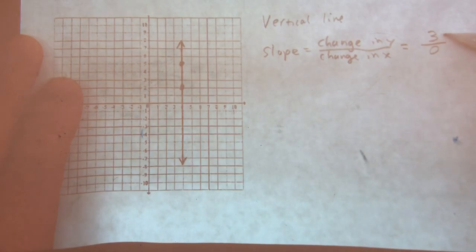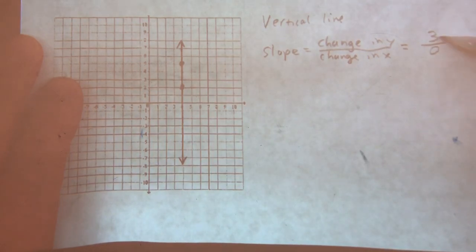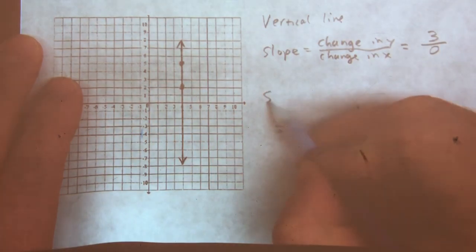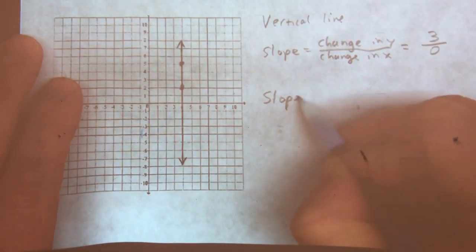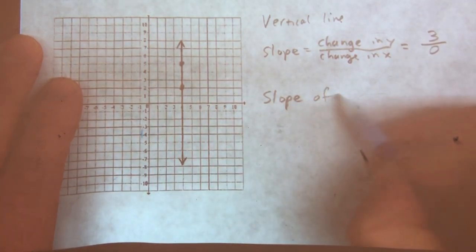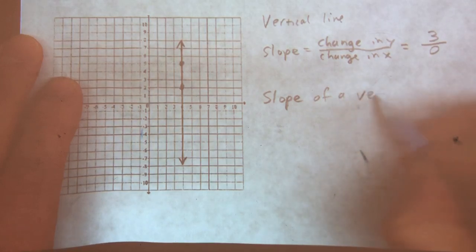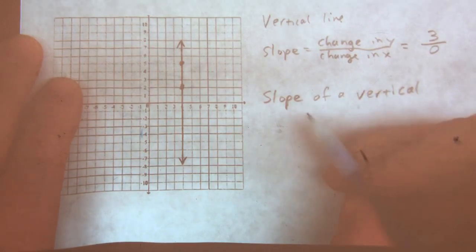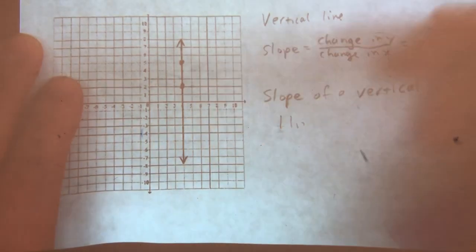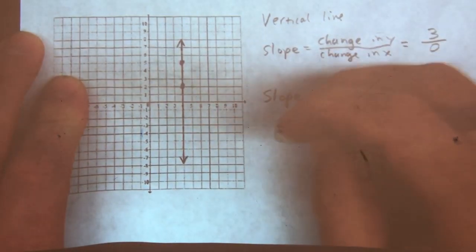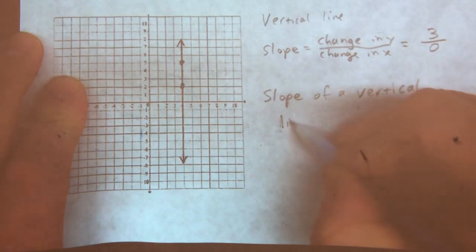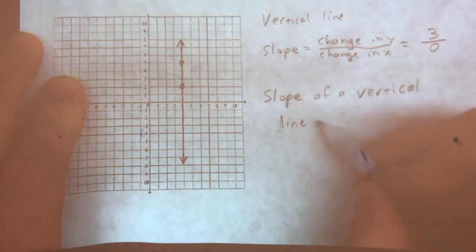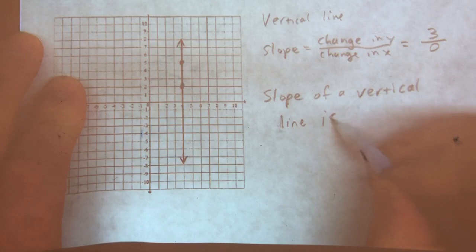Now don't be confused, 3 divided by 0 is not 0. 3 divided by 0 is a special case we call undefined. You can't divide a number by 0. So we would generalize to say that the slope of a vertical line is undefined.